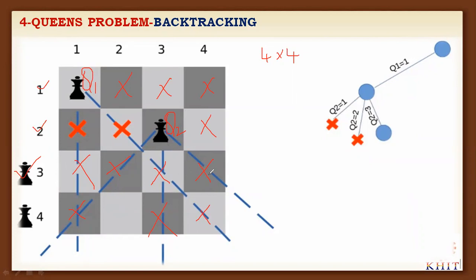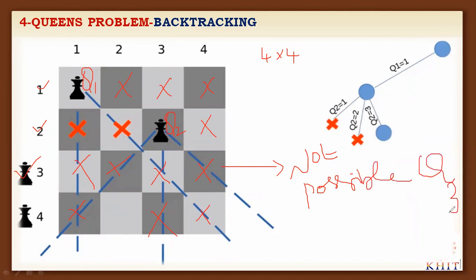There is no space for placing the third queen in the third row. There is no way, not possible. Placing Q3 is not possible. Why?